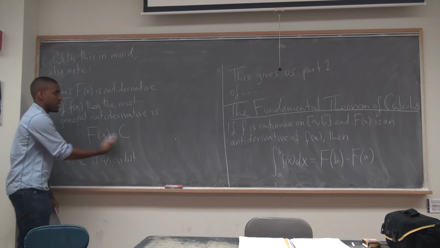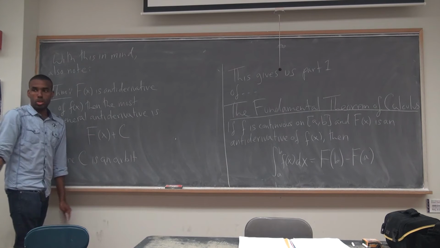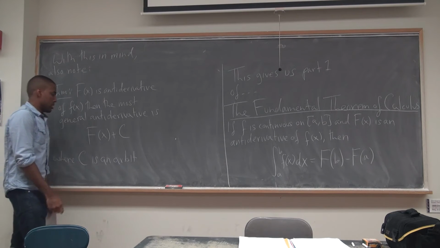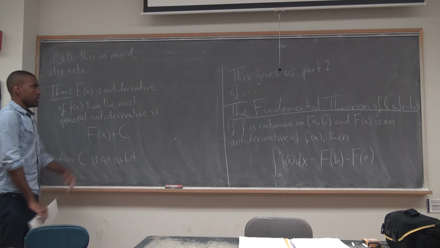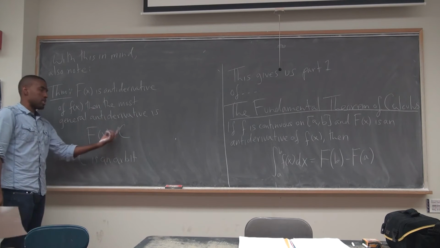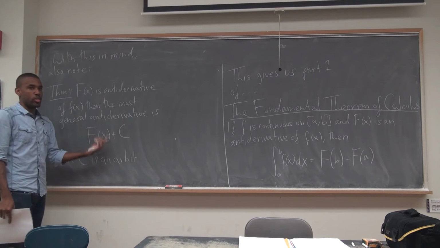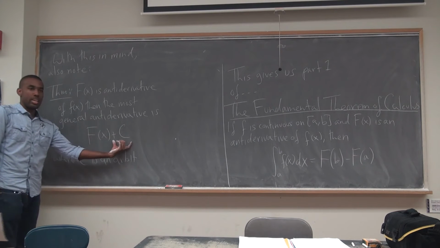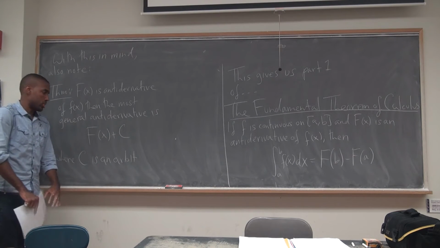The idea is if I differentiate a constant, it goes to 0 and it won't matter. So x squared plus 5, or x squared plus 7, or x squared plus pi, or x squared plus e, x squared plus anything is the antiderivative of 2x. I can add an arbitrary c here and it won't change the answer.